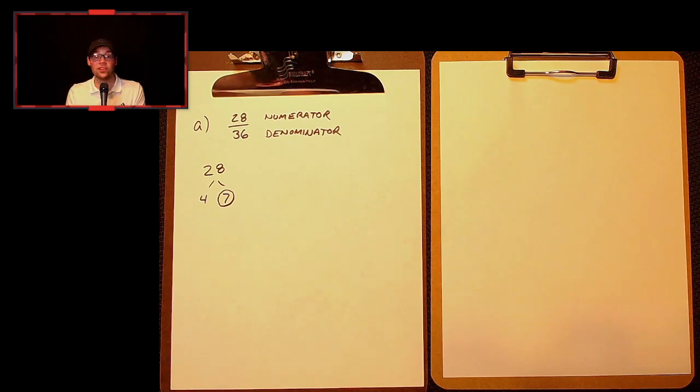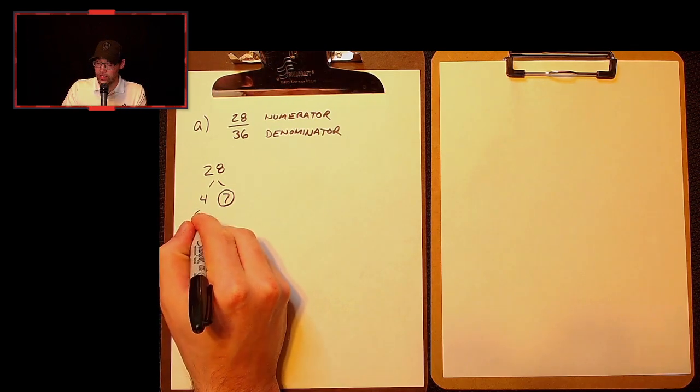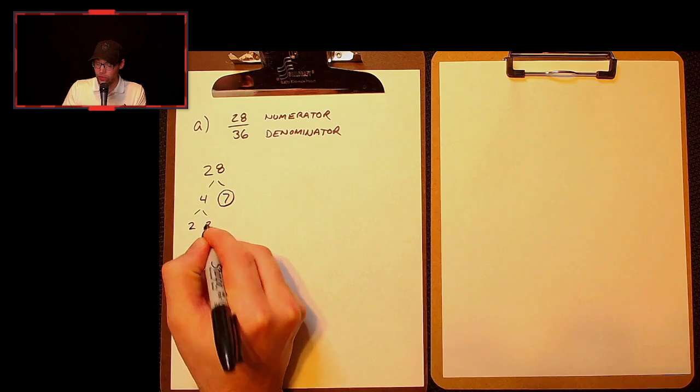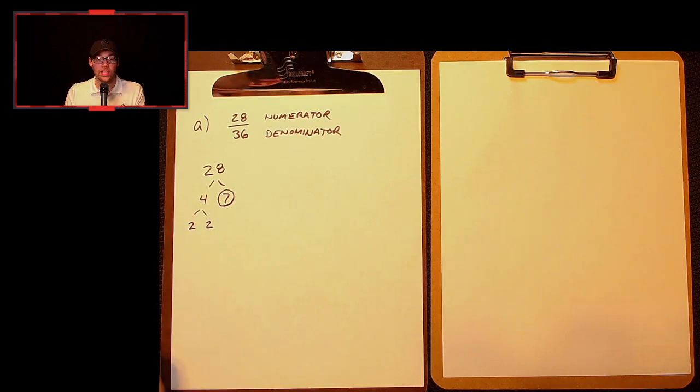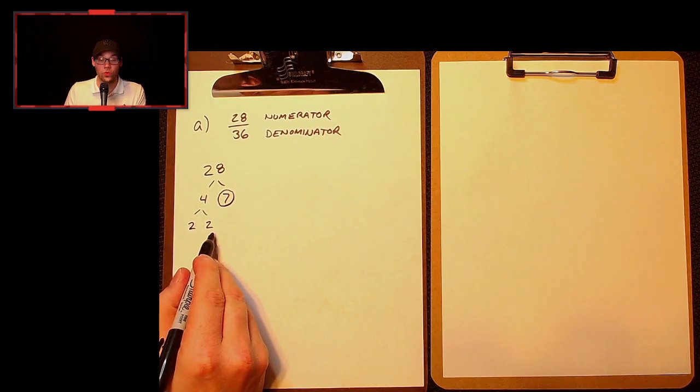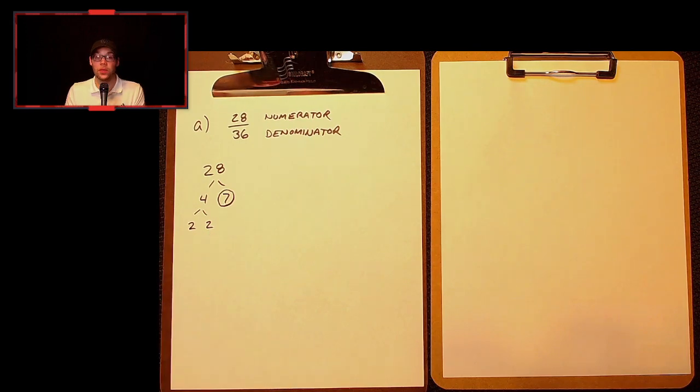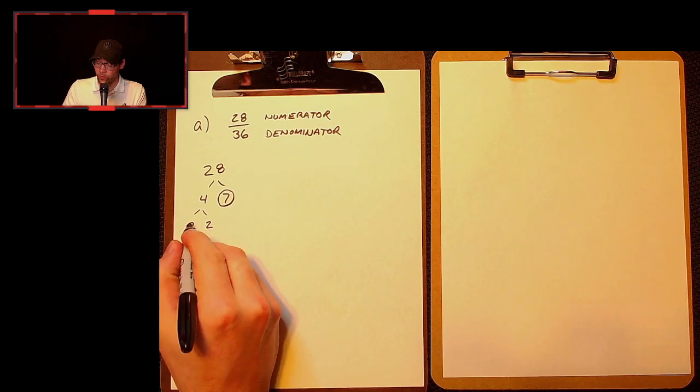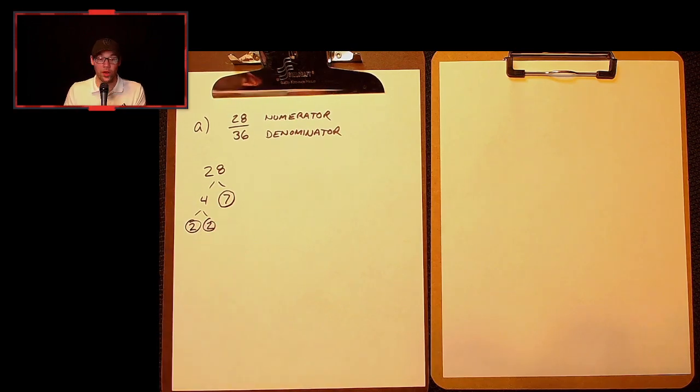So in our final answer, there will be a multiplication of 7. On the other side of this tree, we have 4. Well, this can break down into 2 times 2. 2 times 2 is 4. And the same thing here. If we want to look at 2 individually and try and break that down, the only 2 integer factors we can use would be 1 and 2. Therefore, 2 is a prime number.